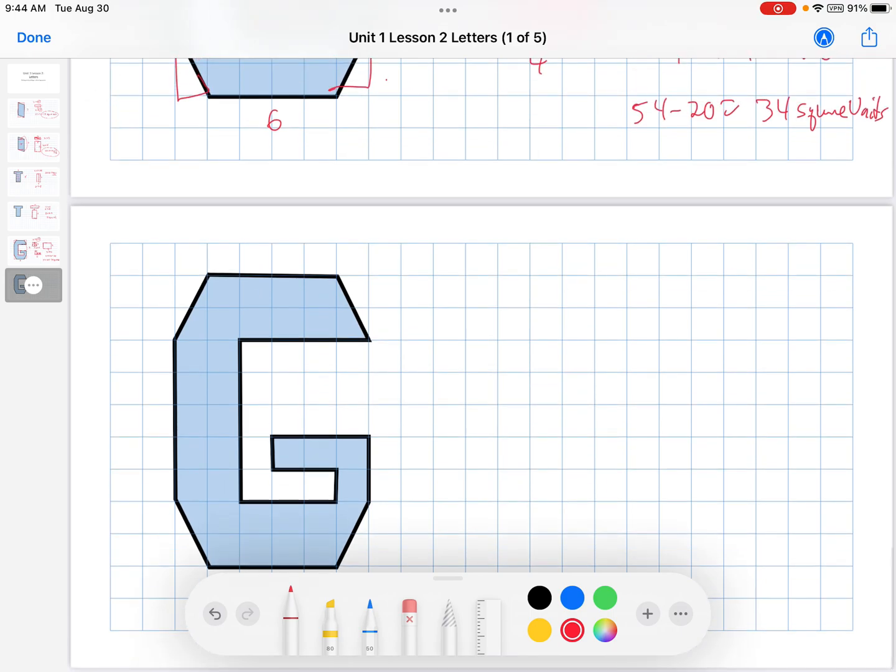Let's try that again, only this time we're just going to cut this into pieces. So I have this piece, which I'm going to put over here. This piece, which I'm going to put over here.